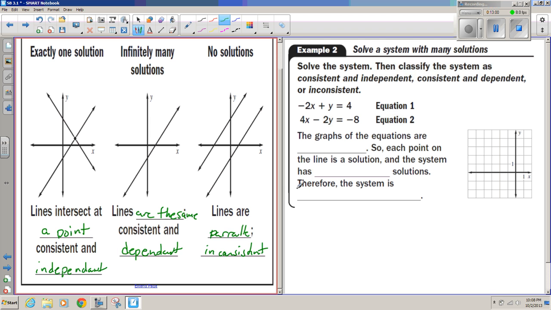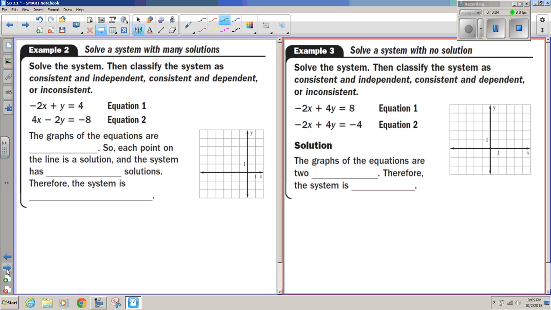All right, so we got quite a few slides to do. Let's work on it. Solve the system, then classify the system as consistent and independent, consistent and dependent, or inconsistent. So let's take a look at this equation right here.